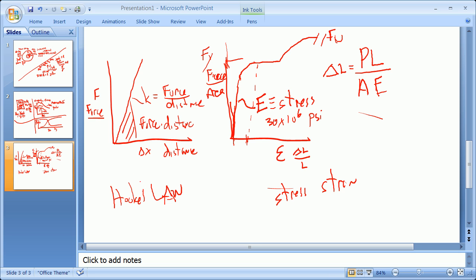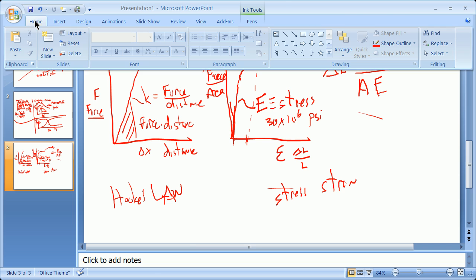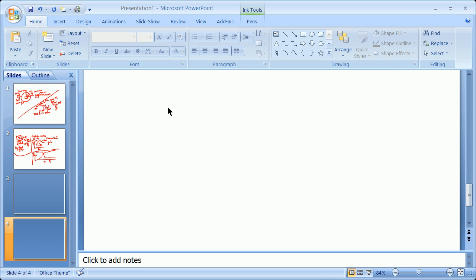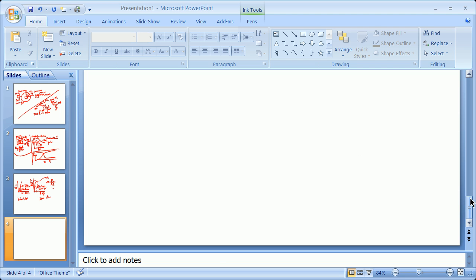Alright, so this then finally led to the concept, go to a new sheet, of the fact that we don't always look at our stresses as unidirectional, but we look at it like we do in lots of things by dividing our stresses into two components, which we usually call normal or axial and shear.